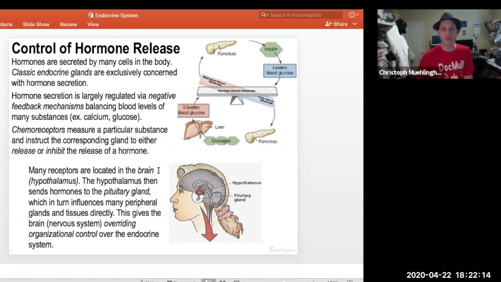Or the hypothalamus says, no, we have enough of that, and it ramps down the production. It has another hormone that it secretes to the pituitary and says, don't secrete anything more for that other gland. Then the pituitary gland doesn't release a certain hormone that would go to another gland, like the thyroid gland, and the thyroid gland stops making that hormone.